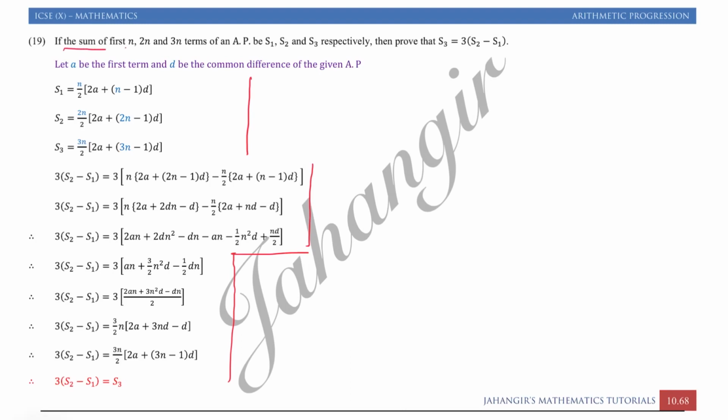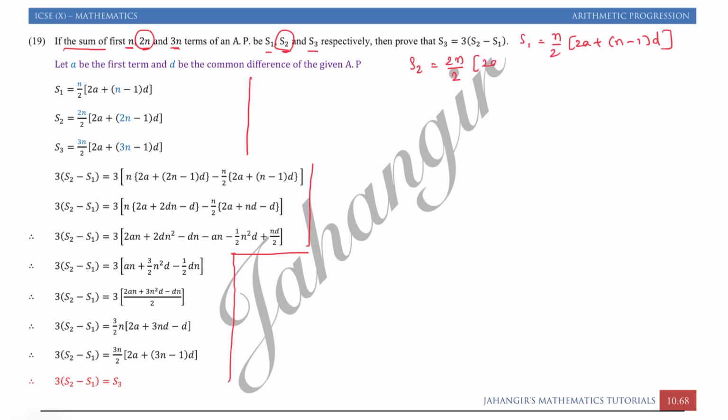If the sums of the first n terms, 2n terms and 3n terms be S1, S2 and S3, then the sum of the first n terms, if I am taking S1, so it is n by 2 into 2a plus n minus 1 into d. If I am taking S2, it will become 2n by 2. When the number of terms is 2n, we have S2.